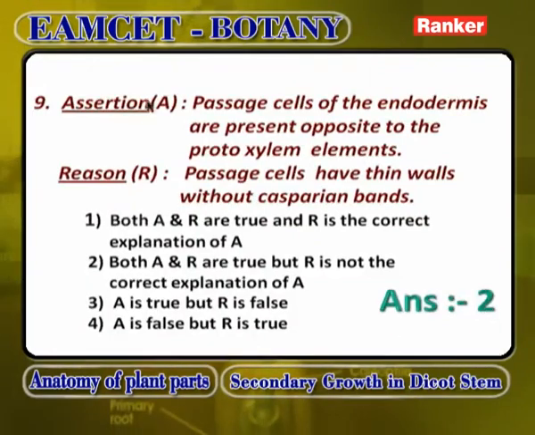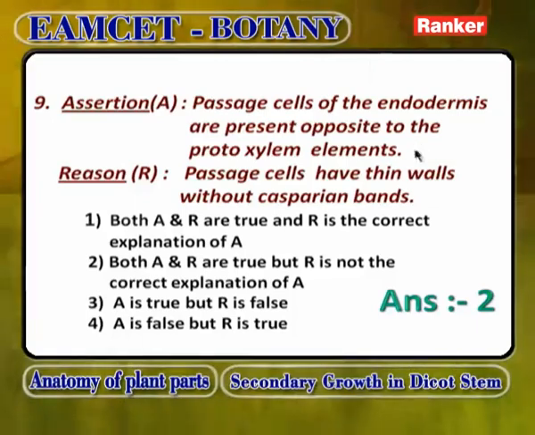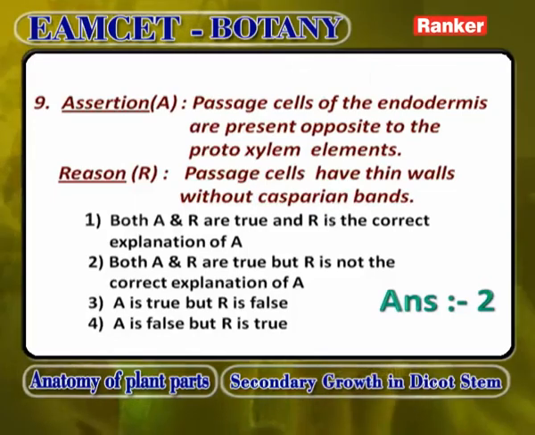This is an assertion reason question. Assertion: passage cells of the endodermis are present opposite to the protoxylem elements. Reason: passage cells have thin walls without Casparian bands. The assertion is correct.